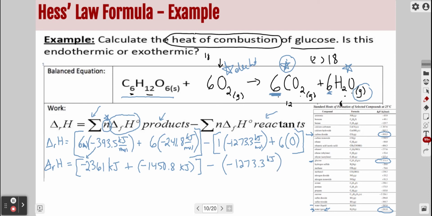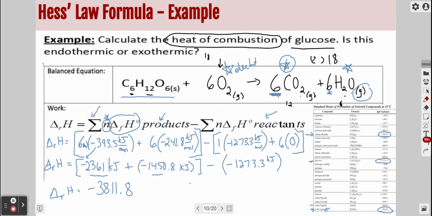All right, do the calculation and see what we all get. I took my first number, negative 2,361, and added it to negative 1,450.8, and I get negative 3,811.8.